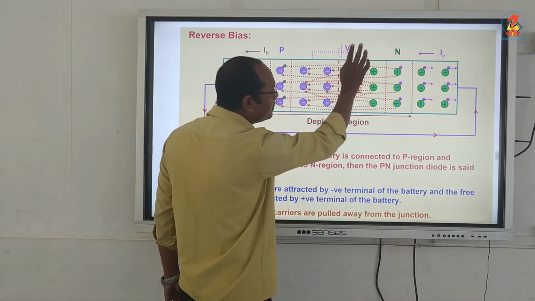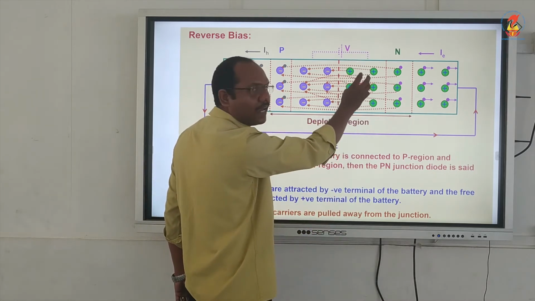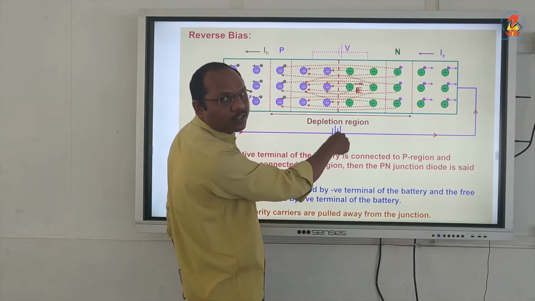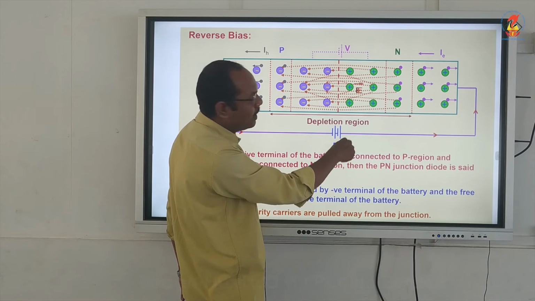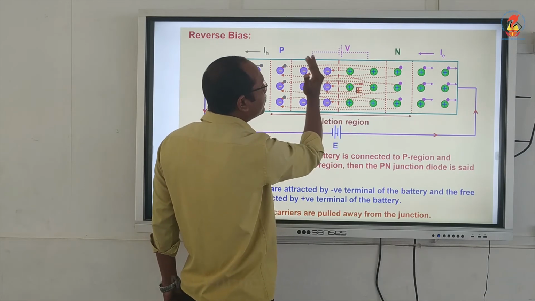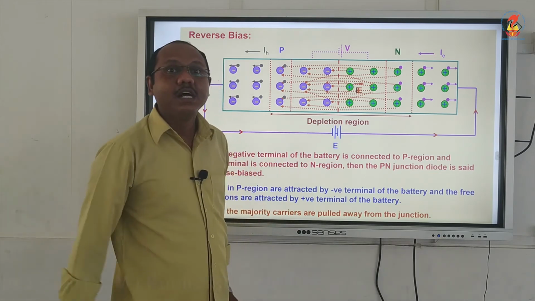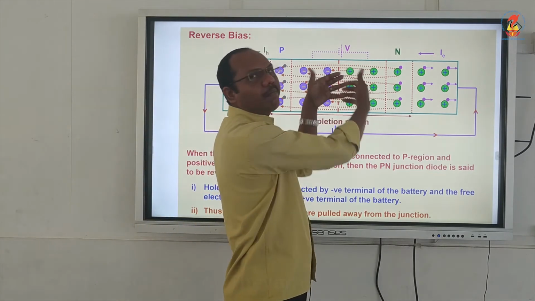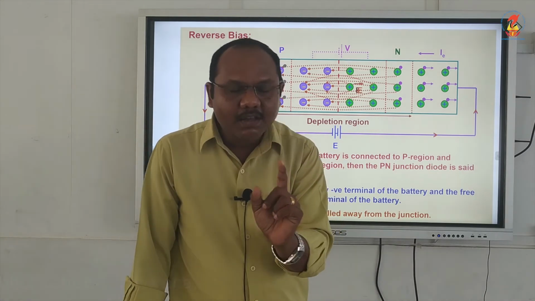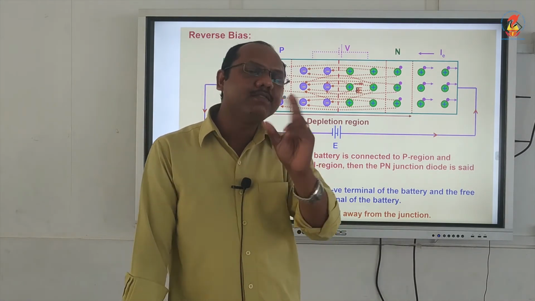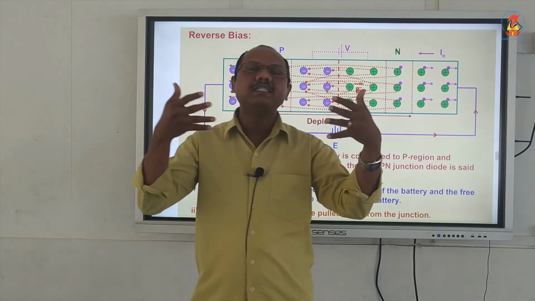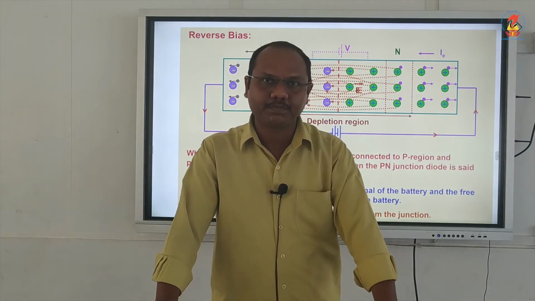So those minority carrier holes are repelled due to the positive potential, and they will drift towards the P side. So drifting of the minority carriers takes place. That means when the diode is in reverse bias, the minority carriers will drift across the junction.